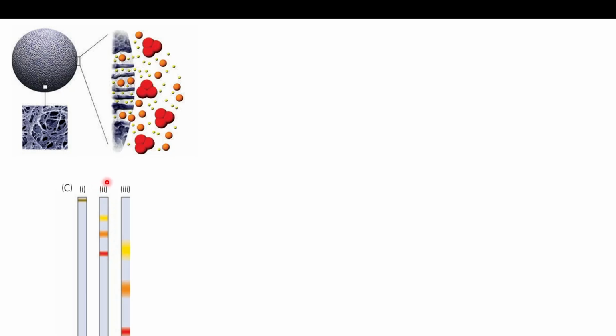Now, as the mobile phase keeps on passing through the SEC column, the resins are packed in such a way that the pores are regulated so that the smallest molecules can pass through the pores easily, like they can get inside the pores.